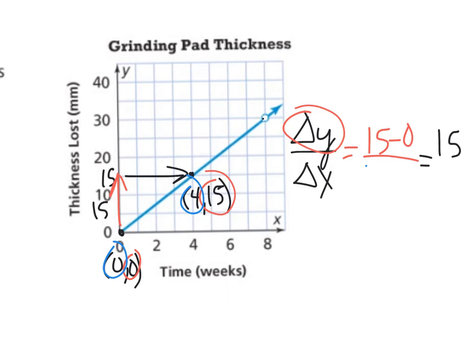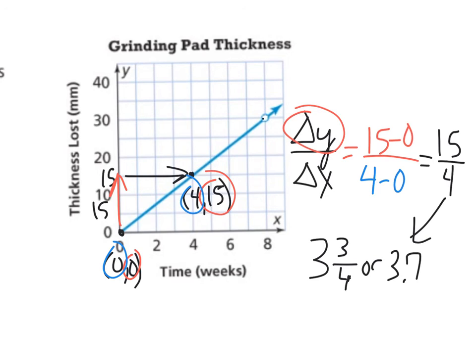So that's a change of 4. If you wanted to, you could do 4 minus 0, which is 4. Once again, probably makes sense to change this to a mixed number or to a decimal. So this would be 3 3/4 or 3.75. So that would be the answer to the first part about what our slope is.